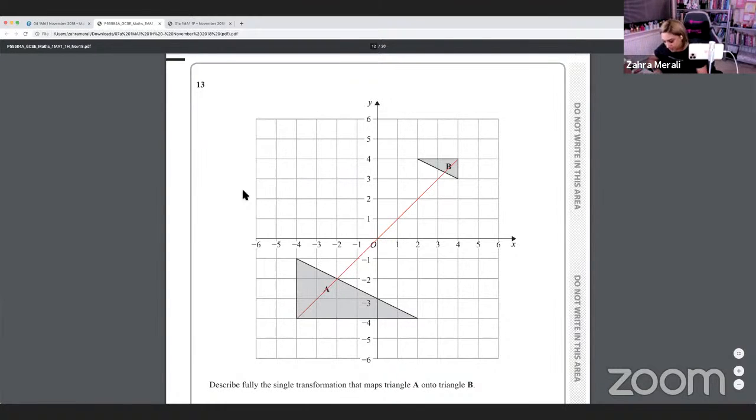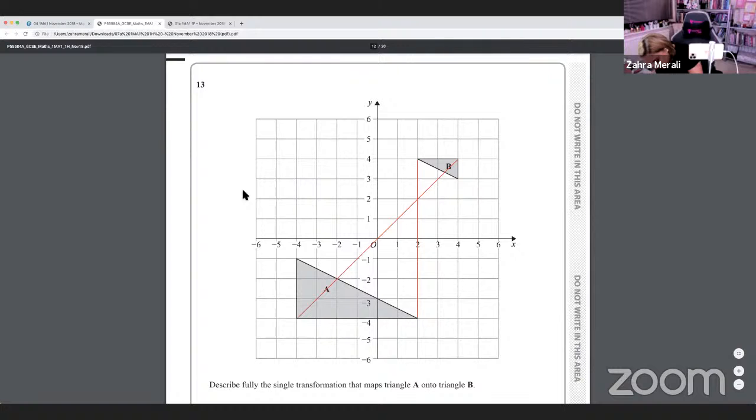We can match those up. These two match up with each other. I should be able to draw a straight line down. And then we've got these two matching up with each other.